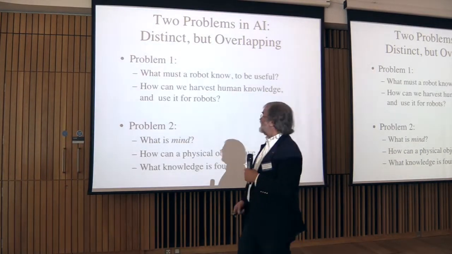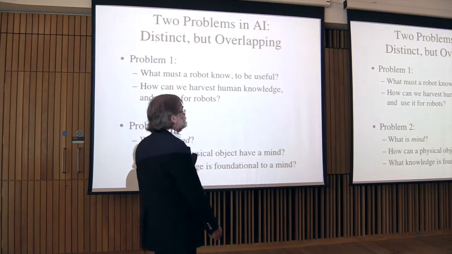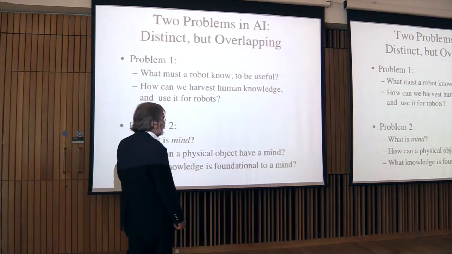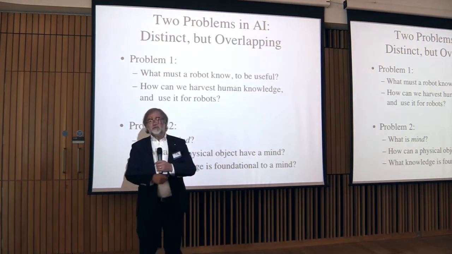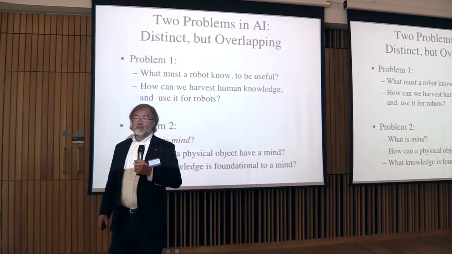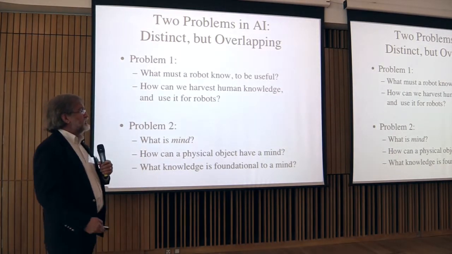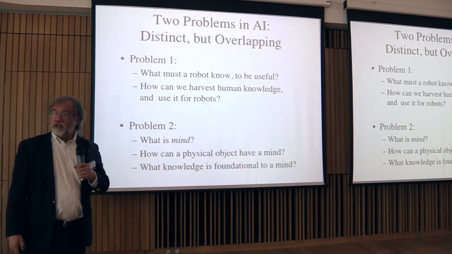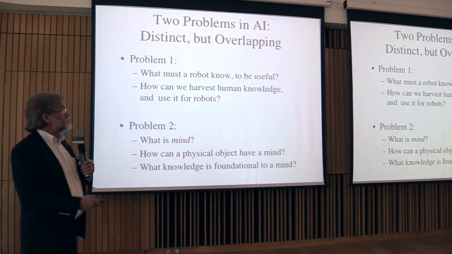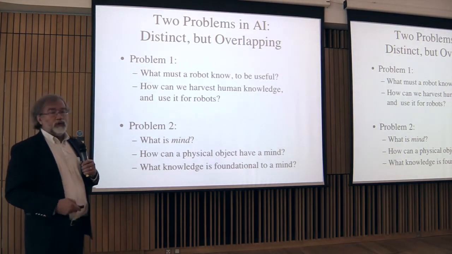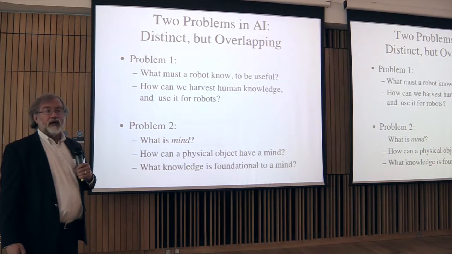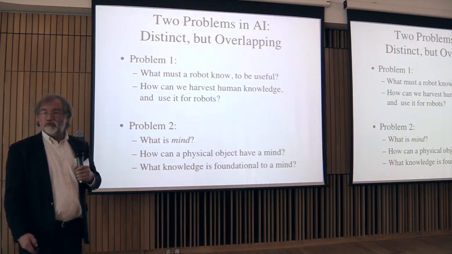All right. Now, people do AI for a whole variety of reasons. And probably the most common reason is to build smart machines. And so that raises questions like, what does a robot need to know in order to be useful? And how do we find that knowledge and use it for robots?